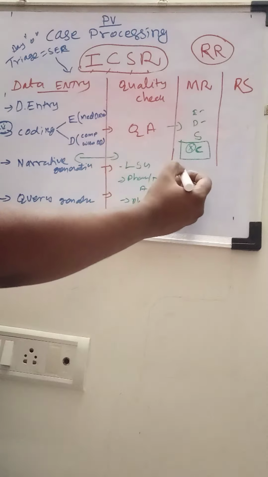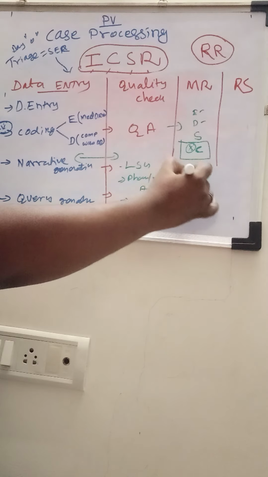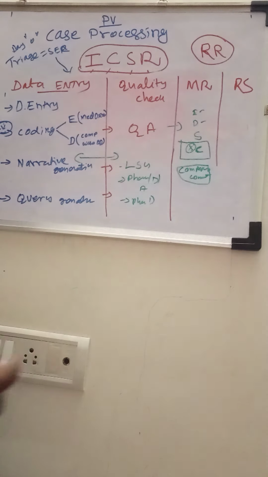Finally, they would write a company comment, whether there is a plausible association, or no association, likely or unlikely. So that's how the medical review team takes a role here, and they ensure that information.